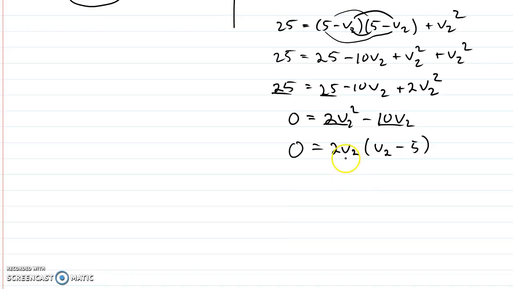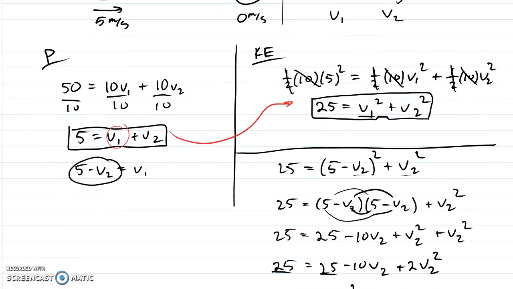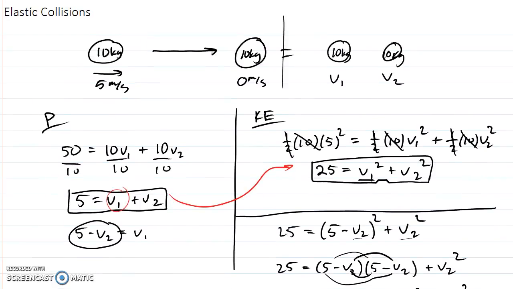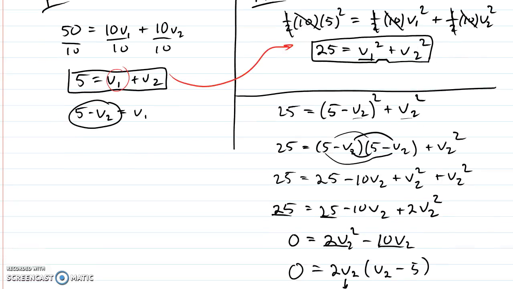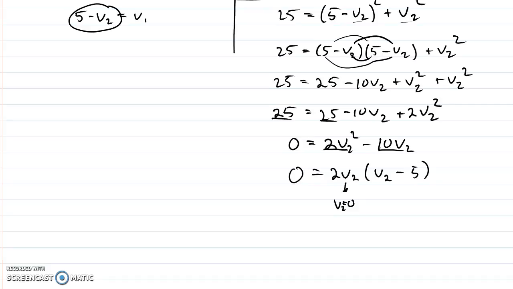Now, the answer's here. If v2 is 0, this whole thing is 0 and the equation works. But this doesn't make sense to us because originally we said that this second object should be having some momentum. The total velocity can't disappear. So when is v2 minus 5 equal to 0? That is going to be our answer.